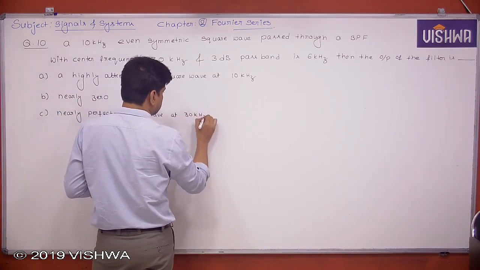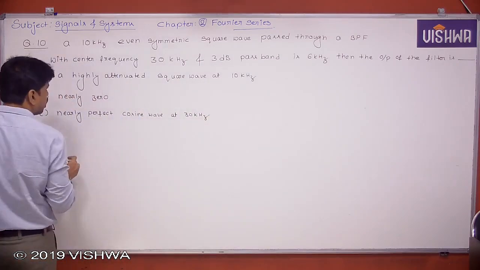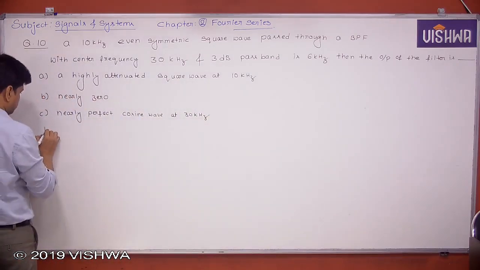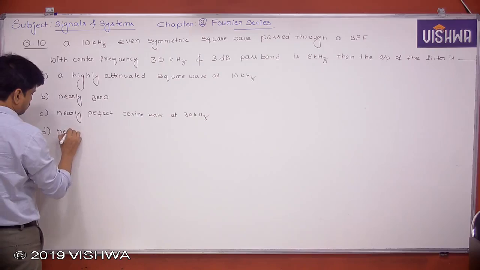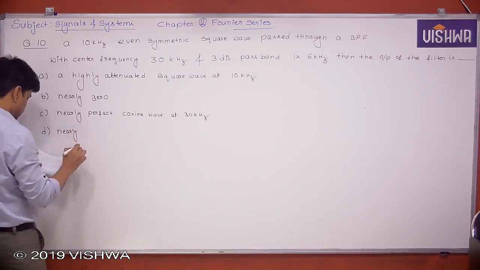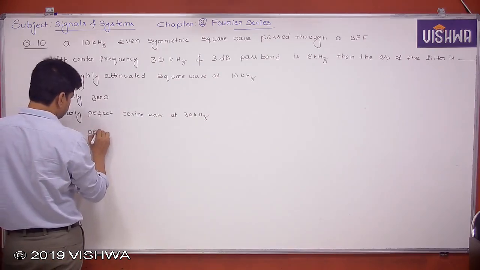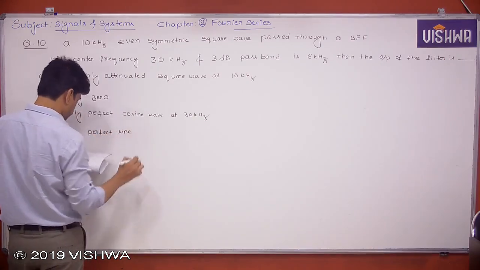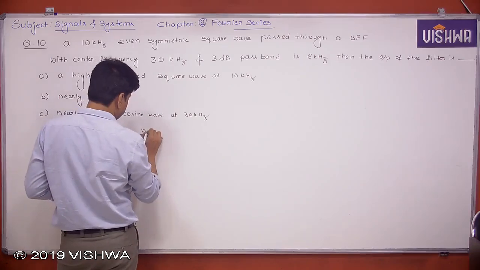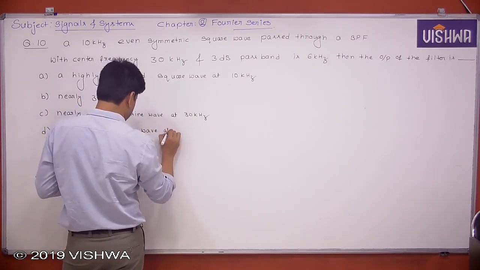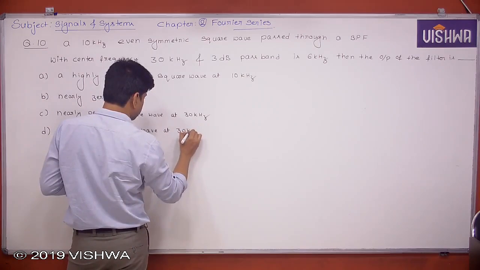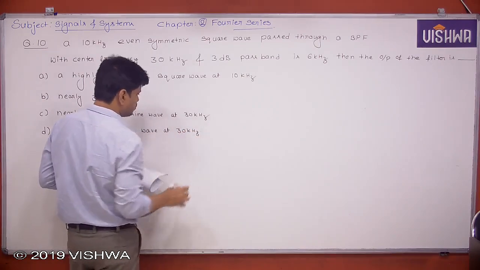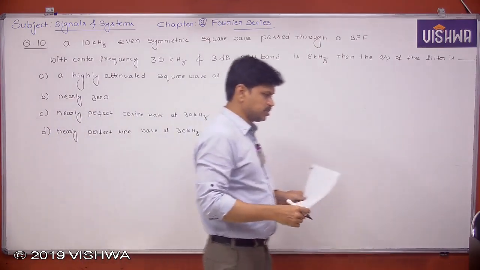Option D, nearly perfect sine wave at 30 kilohertz.